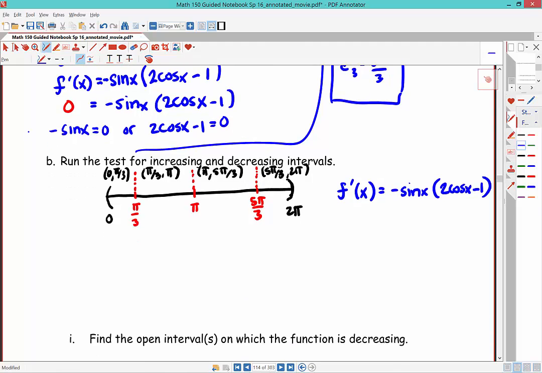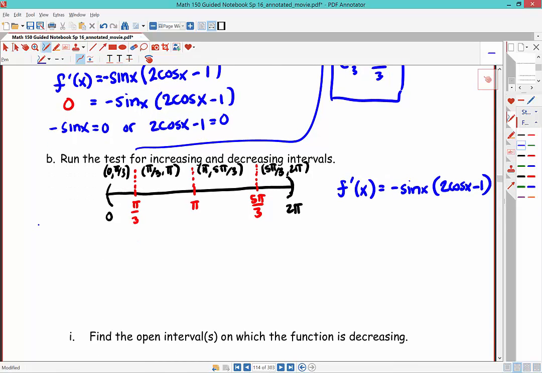So here we go. We've got to figure out our test values, right? Usually, in trig land, it's nice to use quadrantal functions. So over here, it'd be nice to use pi over 2. And over here, it'd be kind of nice to use 3 pi over 2 as a test value.